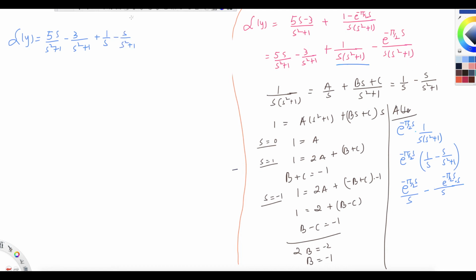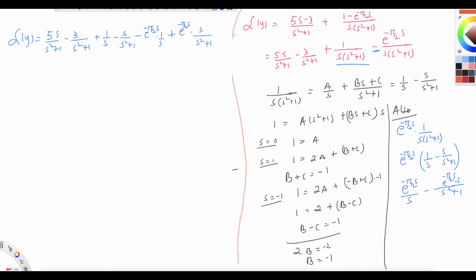Similarly, for the last one, there is a minus sign there, so the second one will be plus, right? Minus e to the negative pi half s times 1 over s, and then plus e to the negative pi half s times s over s squared plus 1, right?